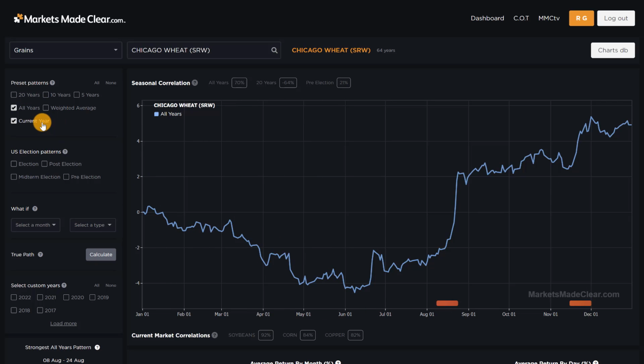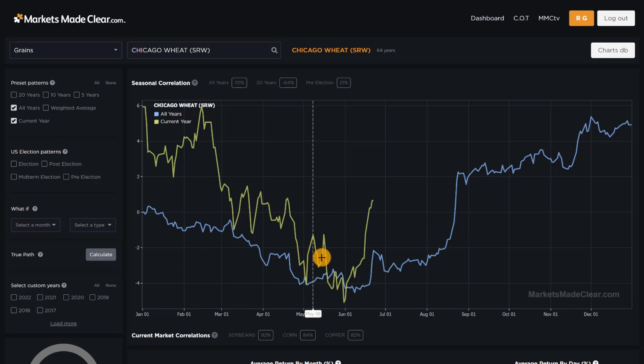Add on the current year, and you can see that's exactly what we've been doing this year. Whereas the 20-year pattern suggests we should be negative at the beginning of June, the all-years pattern suggests a low here on the 8th, and a rally to the upside in the second half of June, an acceleration to the upside. And that's exactly what we have done.